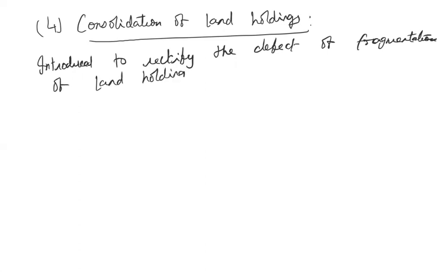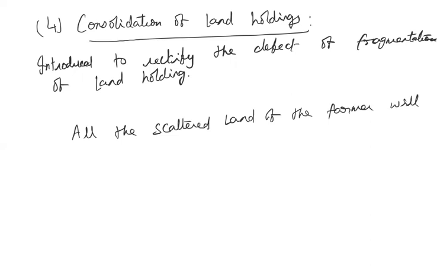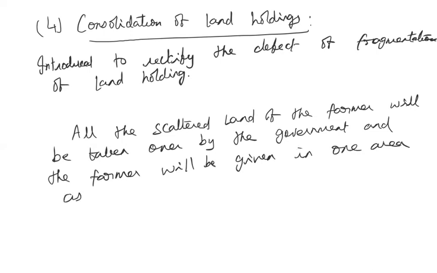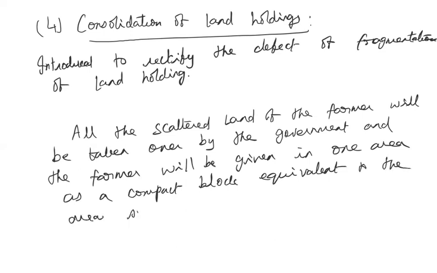So what is the meaning of this? Under consolidation of land holdings, all the scattered land of the farmer will be taken over by the government, and the farmer will be given land in one area as a compact block equivalent to the area surrendered by him or her.